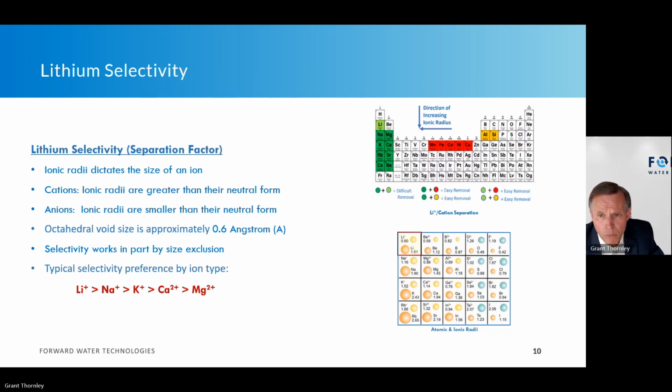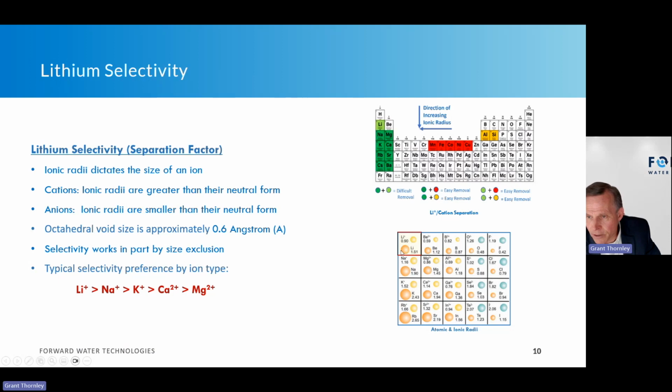Now, when we talk about size exclusion, just for differentiation, this is what this chart is over here. Lithium as a neutral element has a certain radius. When you have a charge, a lithium ion +1, it actually has an ionic radius which is larger than the neutral.